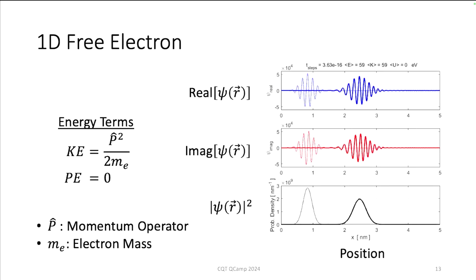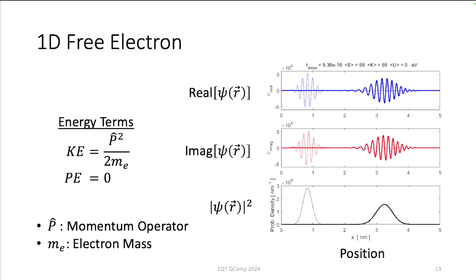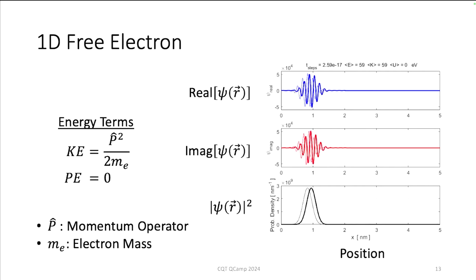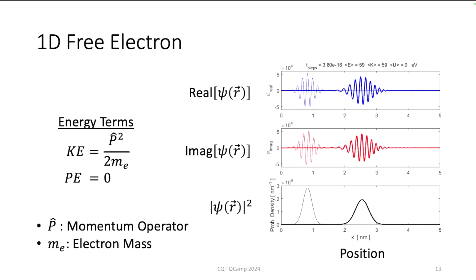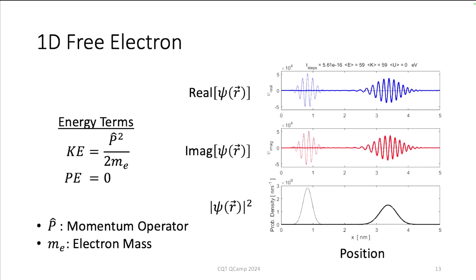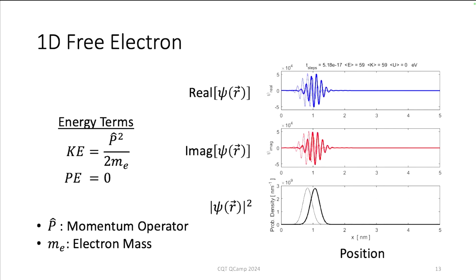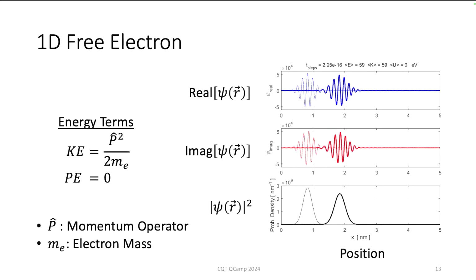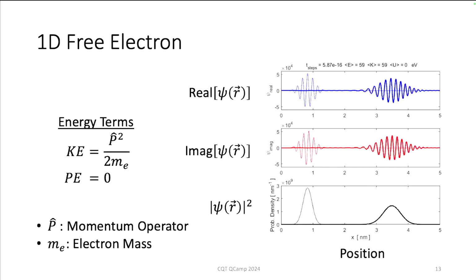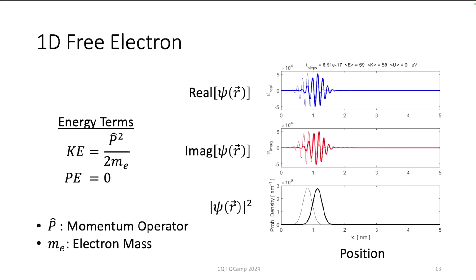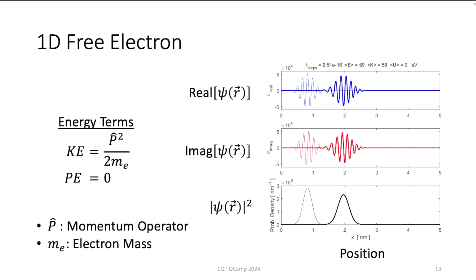Some are moving slower, some are moving faster, so the wave function spreads out. And because it spreads out over a larger area, the normalization has to be preserved, and that's why the amplitude decreases. This is the effect you're seeing here.